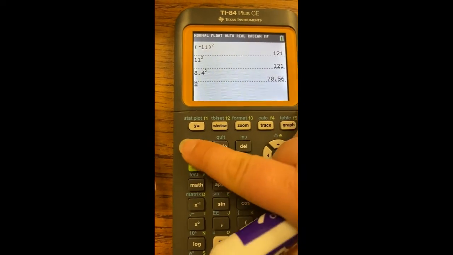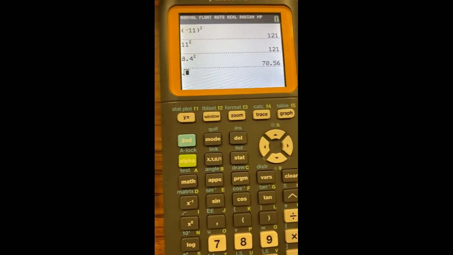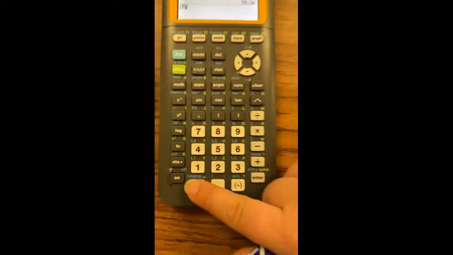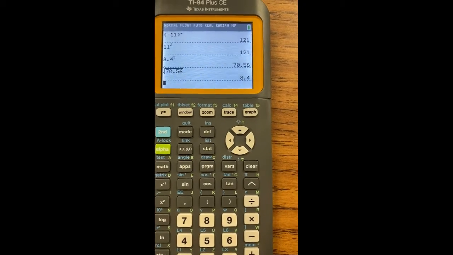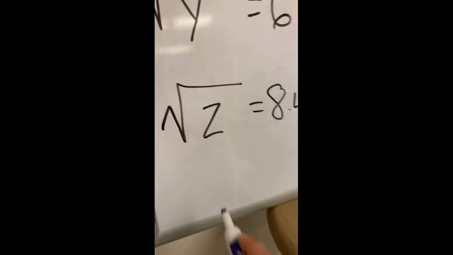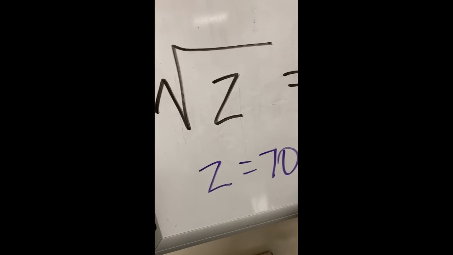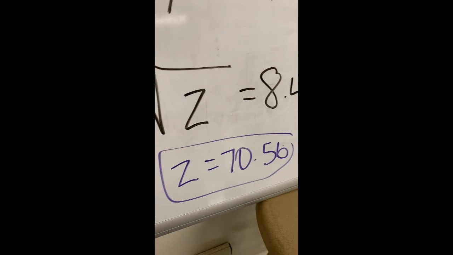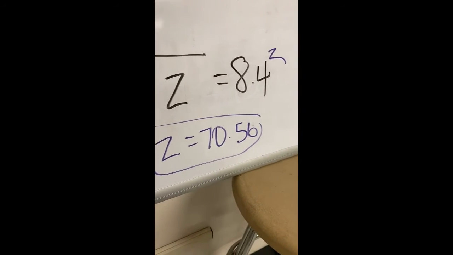So if I take the square root of my answer, second square root, 70.56, and I get 8.4, which is what I got here. So z will be equal to 70.56. This is why you have to make sure that your decimal is off of 2 decimal places and it's at float, because you won't get the correct answer if it's not on float.